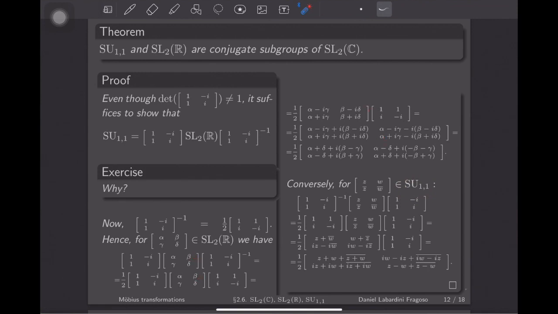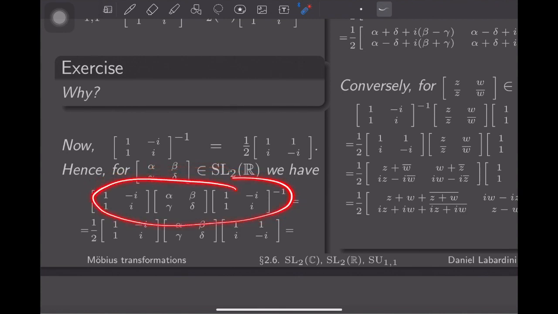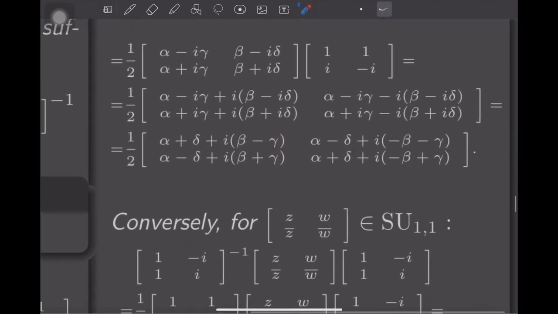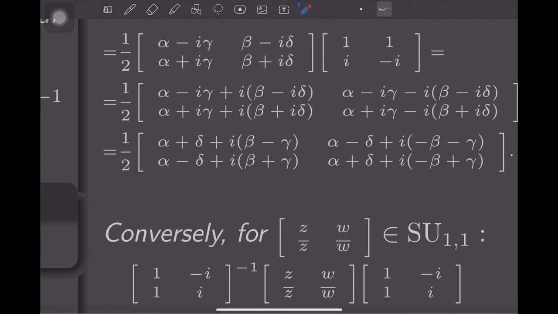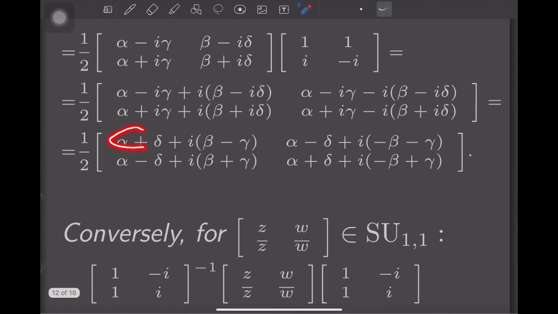So somehow what one does is, first of all, one computes the inverse, right? And then one takes an arbitrary matrix in SL2R, one conjugates, right? And then for this conjugation, I replace this with 1/2 this, right? So that's the 1/2 here, right? And then I just start multiplying, blah blah blah, and then I look at what I arrive at, and somehow I just organize it in such a way that here it becomes clear that, for instance, this and this are conjugate, right?